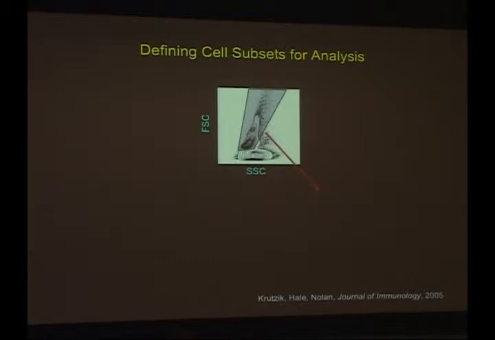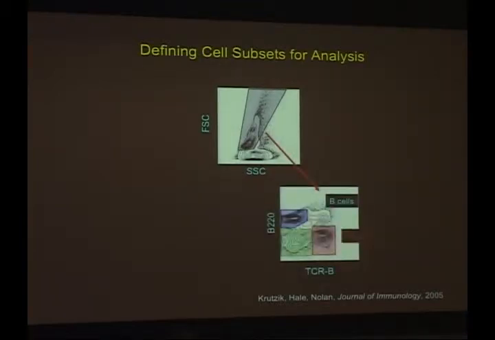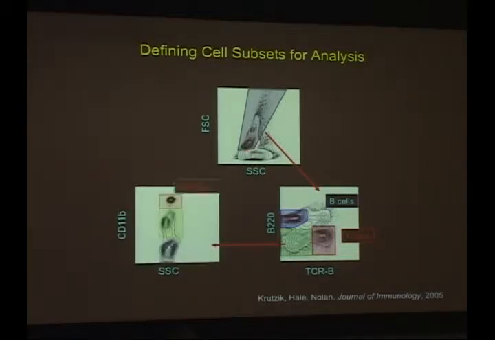For defining the cell subsets, these are a couple of the mouse surface markers: B cells and T cells with B220 and TCR. Then CD11b demarcates your neutrophils, and then more in the middle, your macrophages, DC, NK. There's a bunch of stuff in this CD11b intermediate zone.